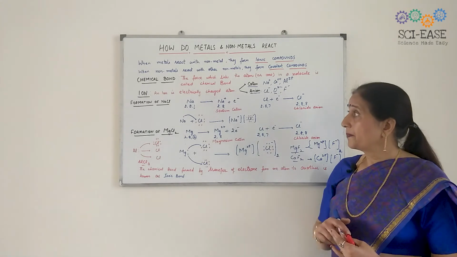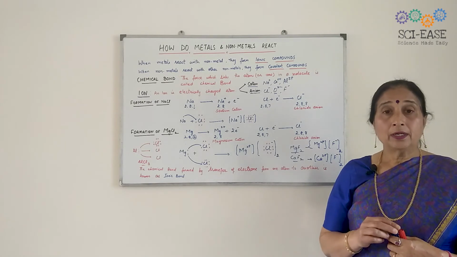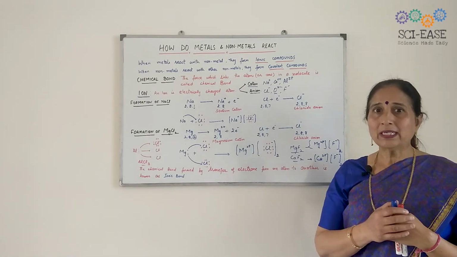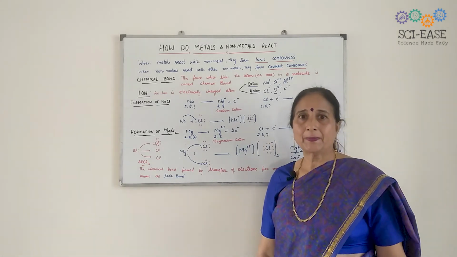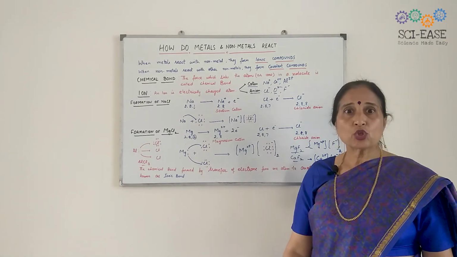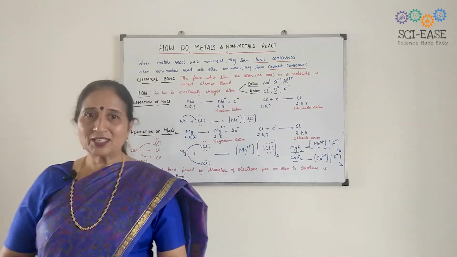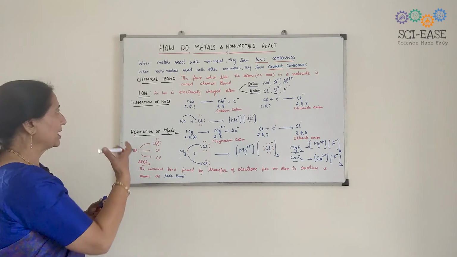Second thing, ionic compounds, we will take the melting and boiling points. Ionic compounds have high melting and boiling points. Third property, regarding solubility. You know copper sulfate, CuSO4. I have taken this example time and again.